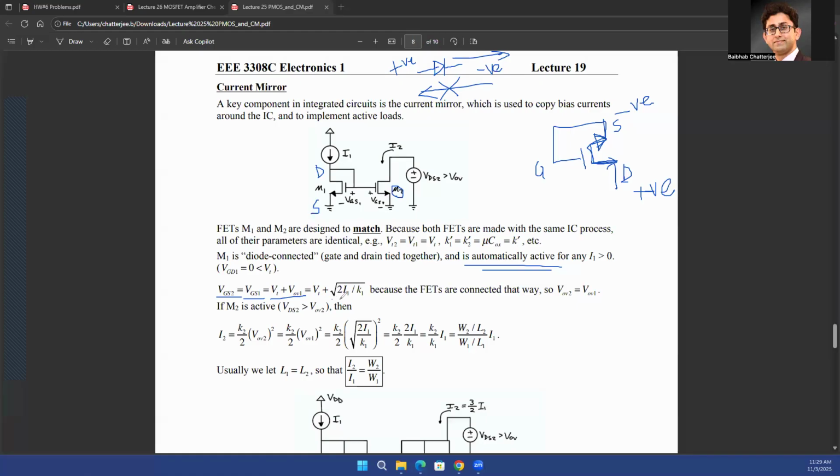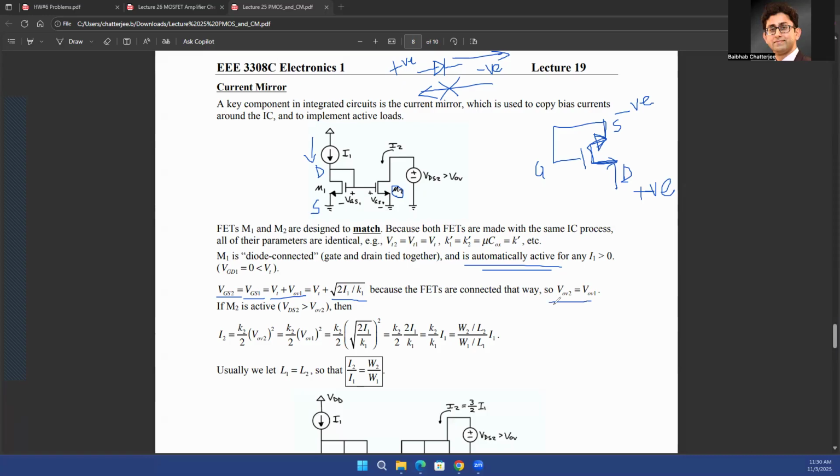And V overdrive is the square root of twice ID over K. That's the formula you have used in your homework 4 and homework 5. So VT plus the square root of twice I divided by K1. And what is the I? This is the I1, the current that is flowing through the M1 transistor. So VGS2 is equal to VGS1. VGS1 is equal to VT plus V overdrive of 1. And V overdrive of 1 is the square root of twice I1 over K1.